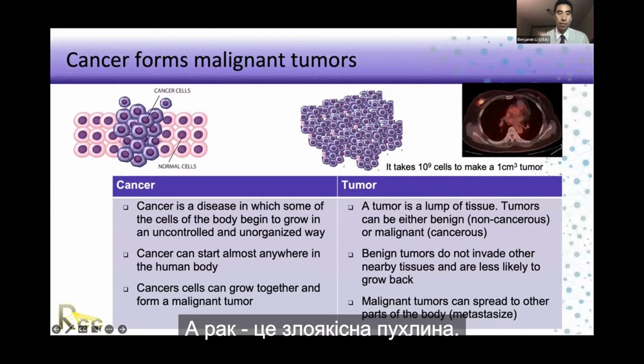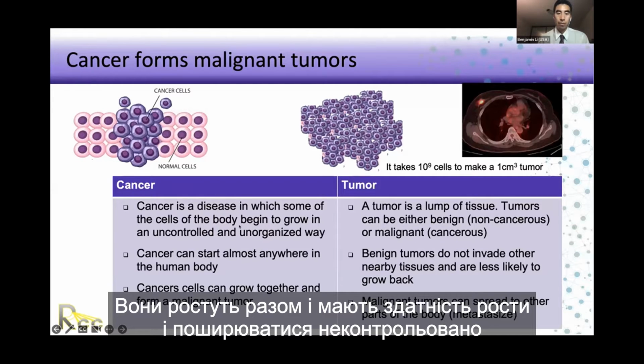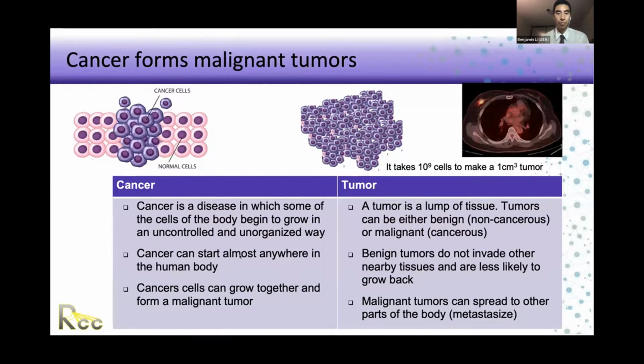Whereas cancer is malignant. A tumor that's malignant is cancer. And this is a disease that can start almost anywhere in the body. They grow together and they have the capacity to grow and spread in uncontrolled and unorganized ways.